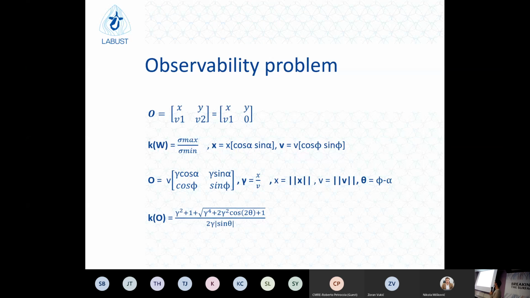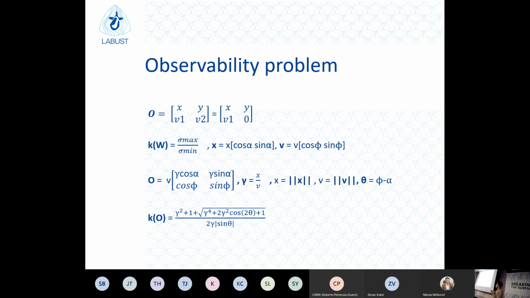This constant depends on the range of the vehicle from the beacon, the speed, and this angle here. This angle is between two vectors. The first vector is the direction of the vehicle, and the second vector you get between two points, the vehicle and the beacon.